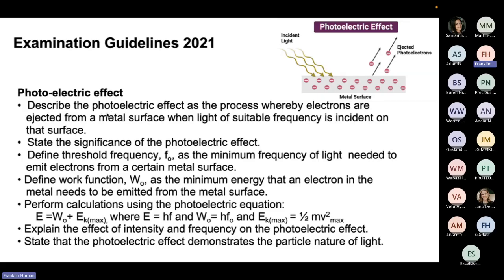And the second last bullet point says, explain the effect of intensity and frequency on the photoelectric effect. So I'm going to demonstrate that again. For many of you, this will just be a reminder, but it is a good reminder of all the various aspects that we're dealing with when we look at the photoelectric effect. So let's go to our simulation.